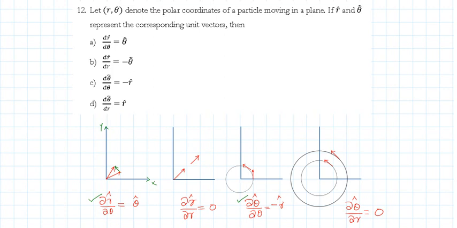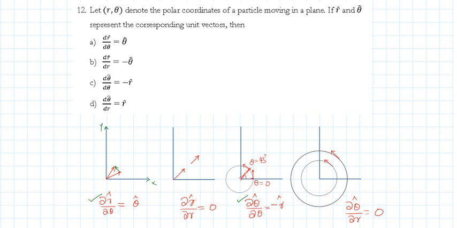What about dou theta cap by dou theta? Is there any change for theta cap when you change theta? You evaluate theta cap for theta equal to 0, and for theta equal to 45 degree. Theta is measured from the positive x-axis. For this point theta is 0, for this point theta is 45. And the theta caps are different when you change the theta values.